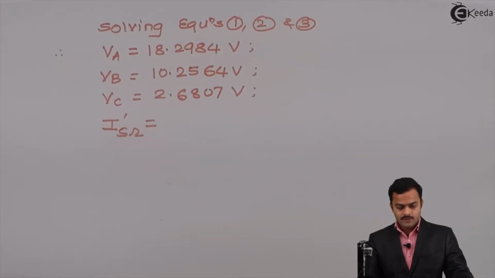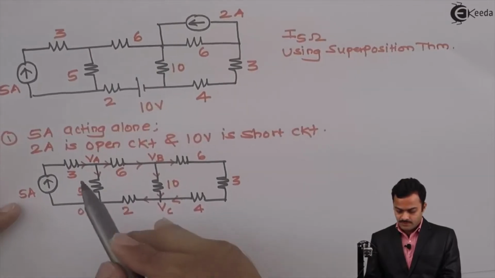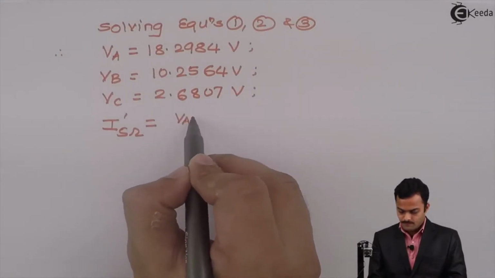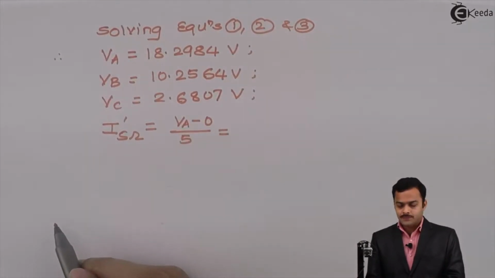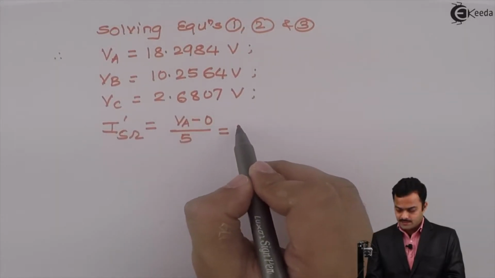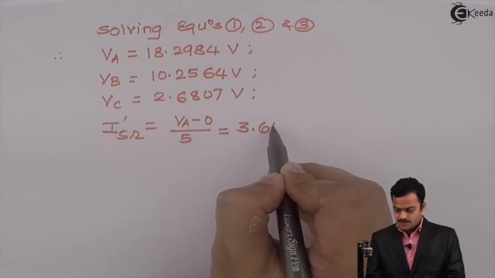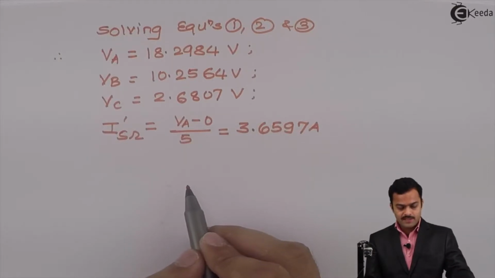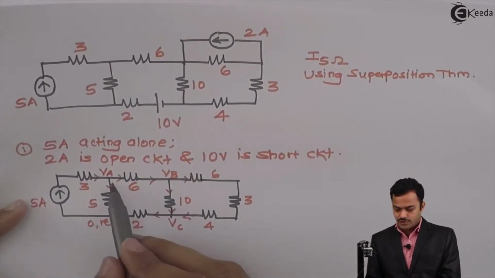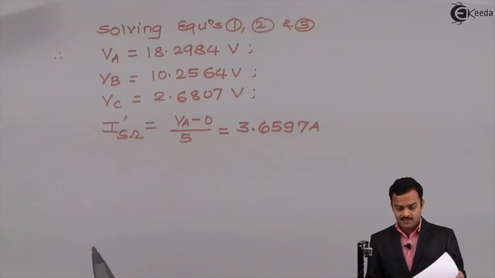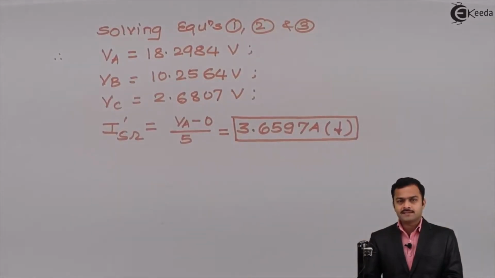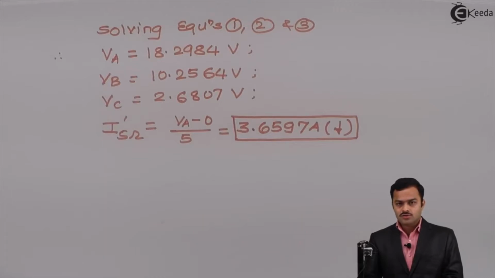The current flowing through 5 ohm in this circuit will be VA minus 0 divided by 5. If I substitute the value of VA, I will get the answer 3.6597 ampere. A positive answer I am getting. That means whatever direction we have assumed, in this case downward, is correct. So I am getting the first part of the solution, the current flowing through the 5 ohm resistance because of one source, which is 5 ampere acting alone.